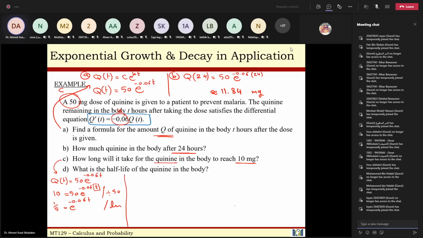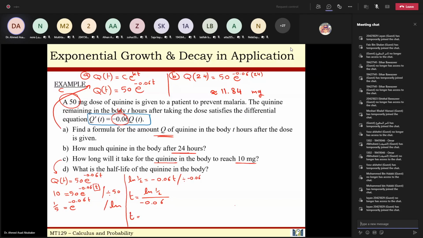So ln of 1/5 equals minus 0.06 T. Divide by 0.06, we find T equals ln of 1/5 over negative 0.06.